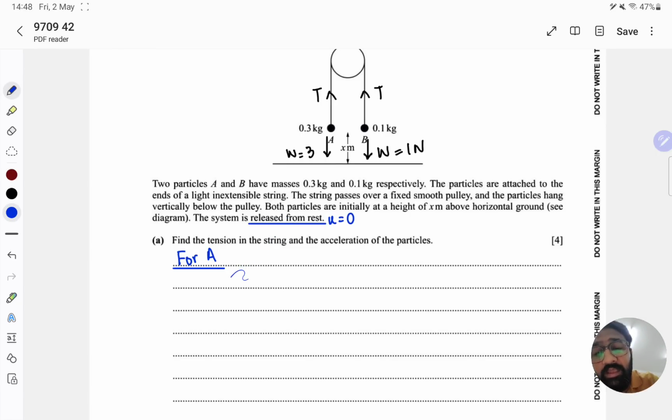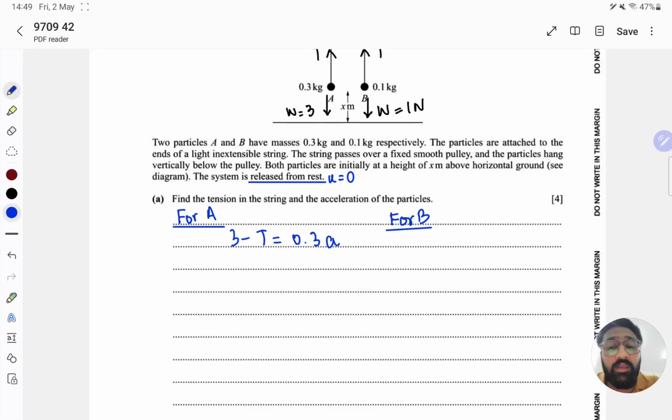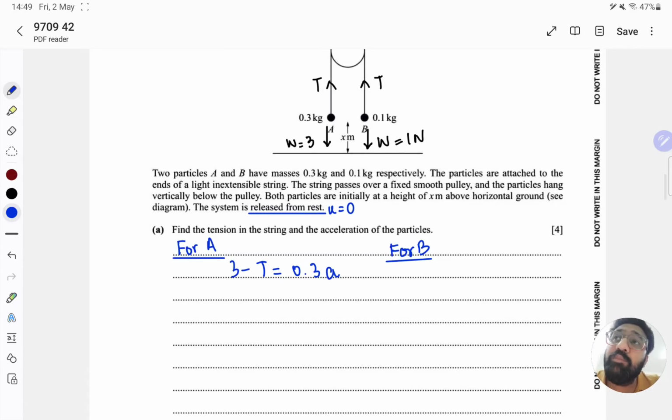Because no external force is being applied, 3 minus T, forward minus backward, is equal to ma, which is 0.3 times A. And similarly for B, since the object will move upwards, tension will be more than the weight, so T minus 1 will be equal to 0.1 times A.